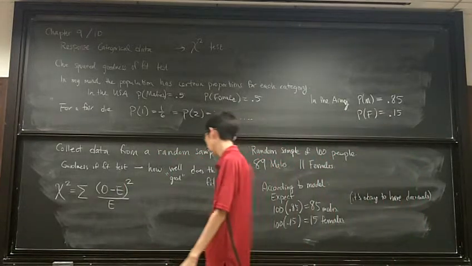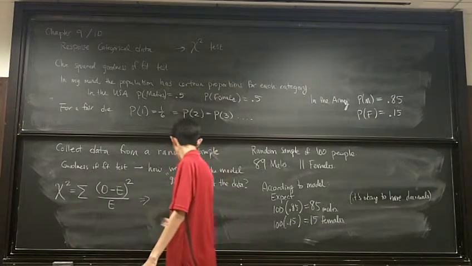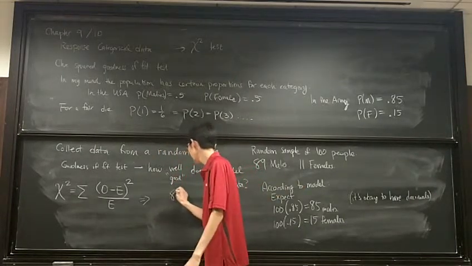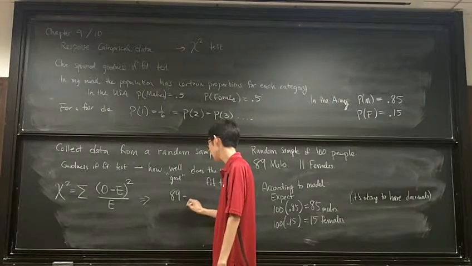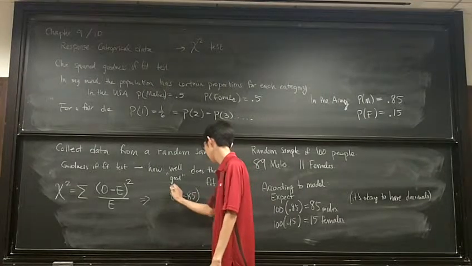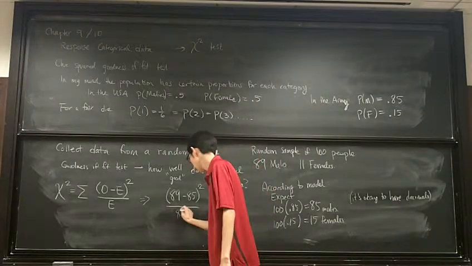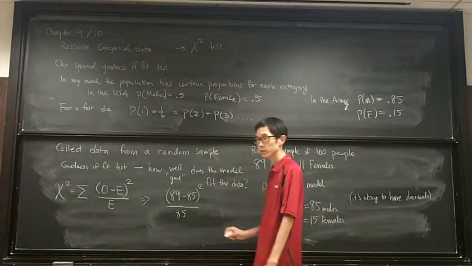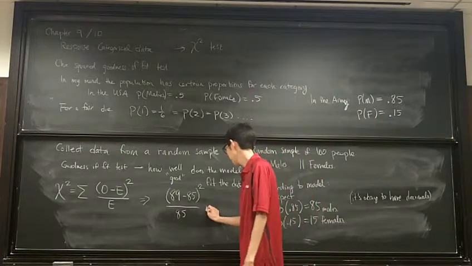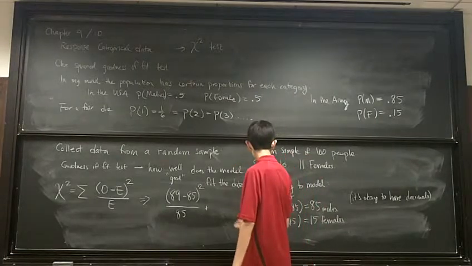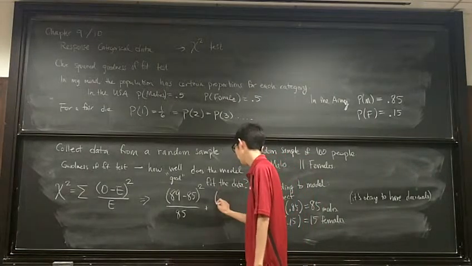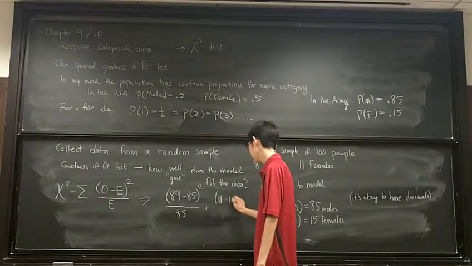So in this case, what I observed was 89 males. I expected 85 males. So I'm going to square that difference and divide by 85. And then for the females, I had 11 females, but I expected 15.